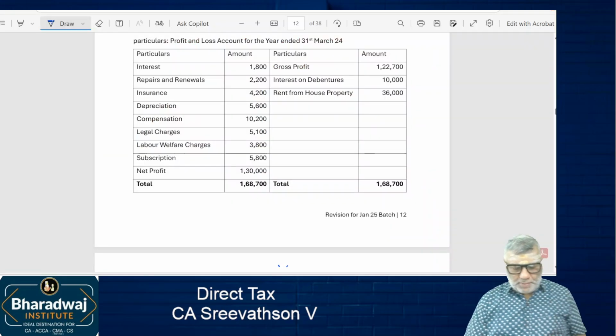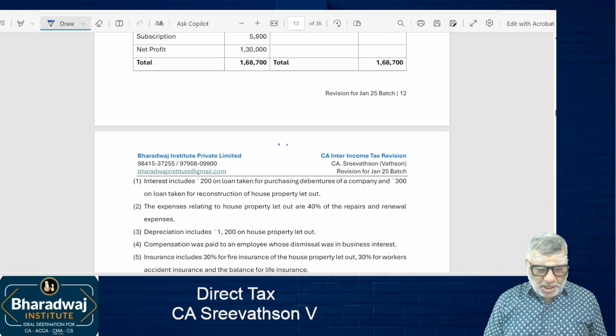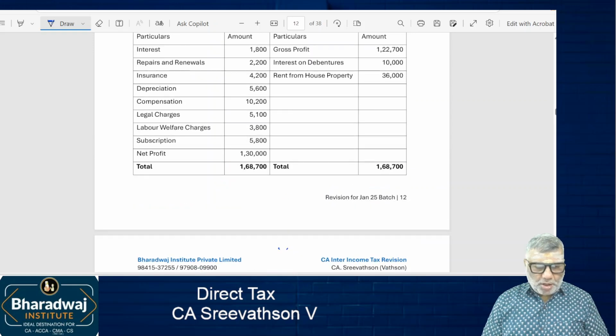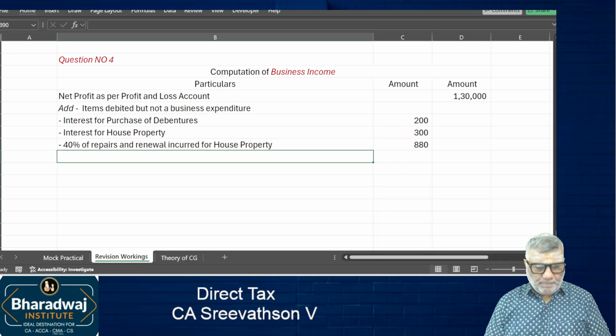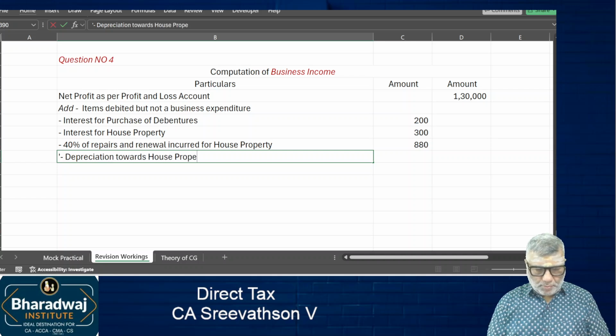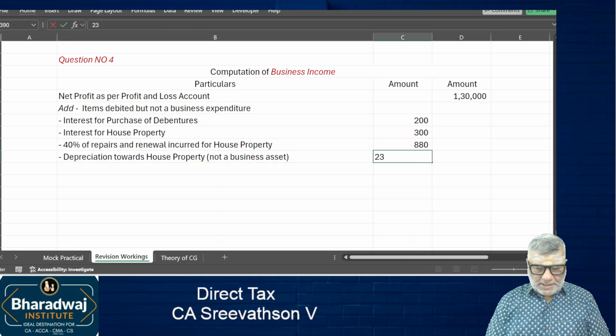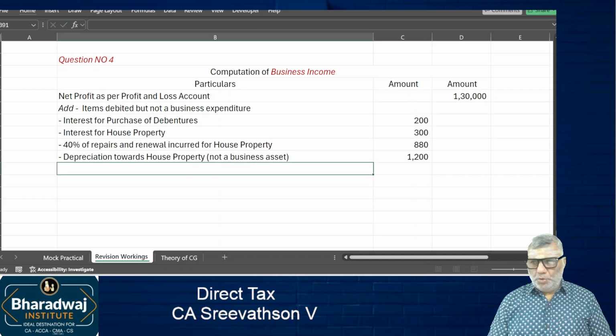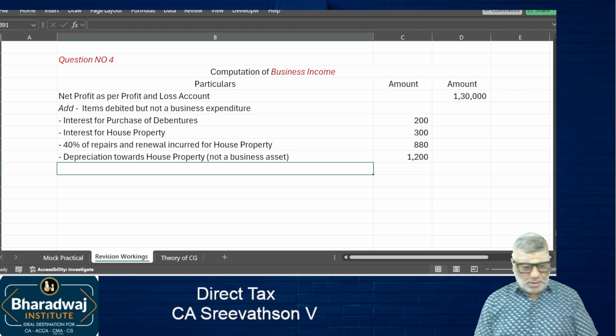Insurance, no problem. Depreciation includes 1,200 of house property. It's not a business asset, so we will disallow it. Okay.